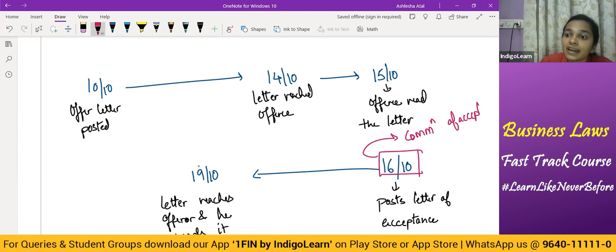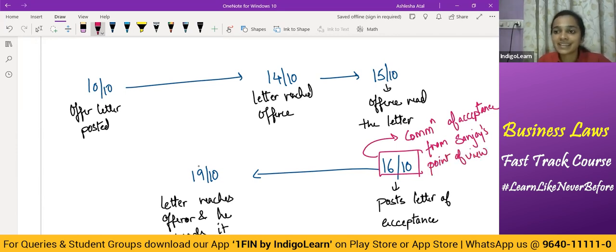From the proposer's point of view, that is from Sanjay's point of view. So for Mr. Sanjay, the acceptance has been completed on 16th of October. However, from the acceptor's point of view, that is Mr. Raj, the communication of acceptance is complete on 19th of October.